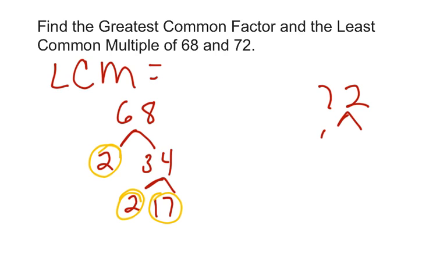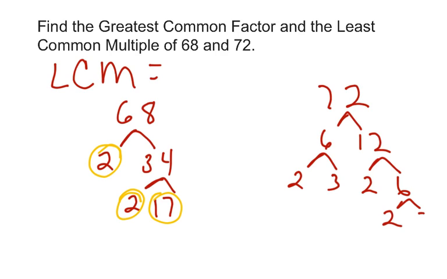We can do 6 times 12, just to show you how you can split numbers up differently. 2 times 3, 2 times 6, and split up the 6. Get 2 times 3 again. And we have 2's and 3's. So when we factor these out, we look at them a little differently.